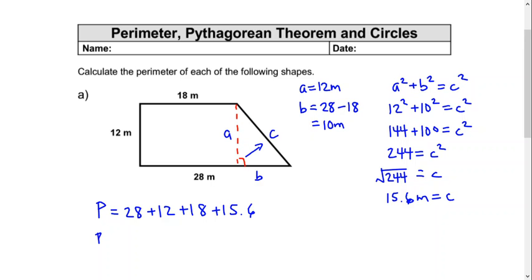Now you can do this in multiple steps, or you can plug this all into your calculator. 28 plus 12 plus 18 plus 15.6 will give us 73.6, and I have to include my units, which is meters.